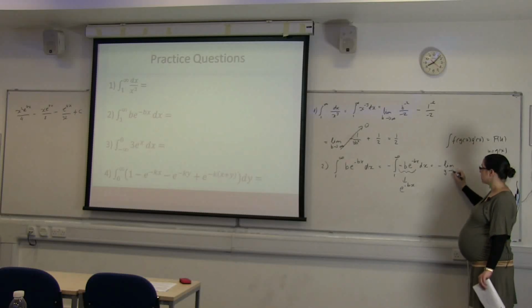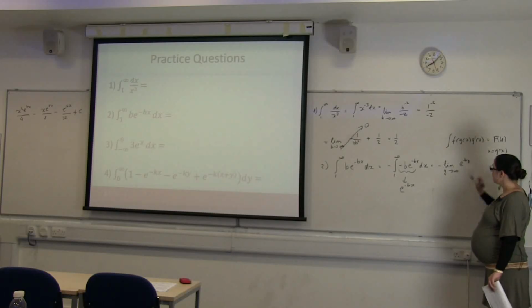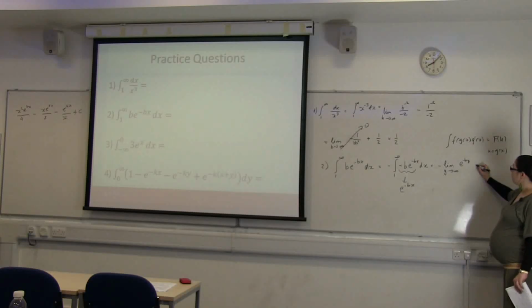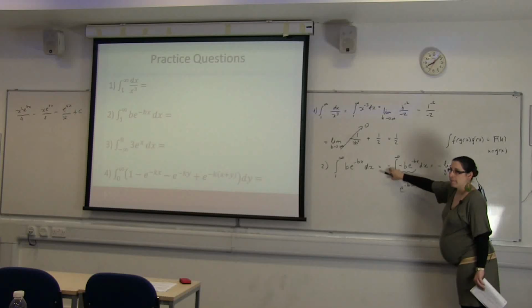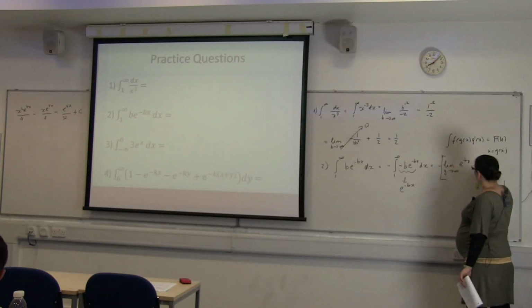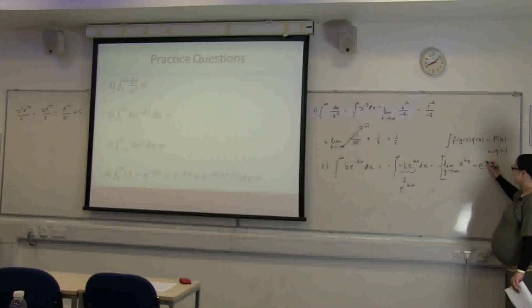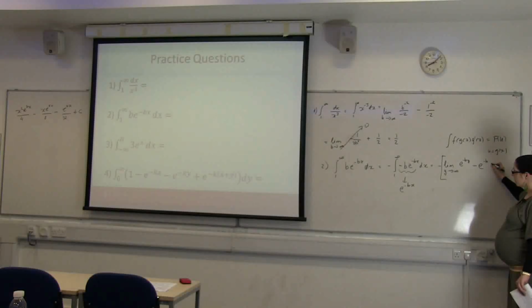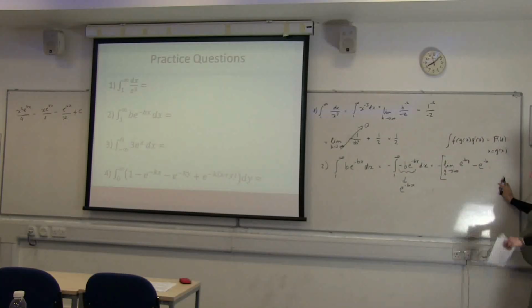This time I'm going to use y, and that is e to the minus by. Well, I had a negative in front of the whole integral sign, so minus e to the minus b times x, and actually not x, just 1, because the bottom limit for x is 1. So that's minus b times 1, which is minus b.